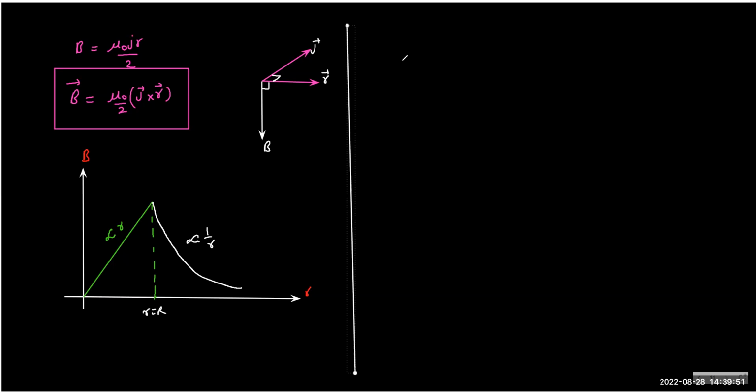The next thing is writing Ampere's circuital law. We wrote mu naught into I enclosed, but this we can rewrite in terms of current density, because that is written as the integral of J dot dA.